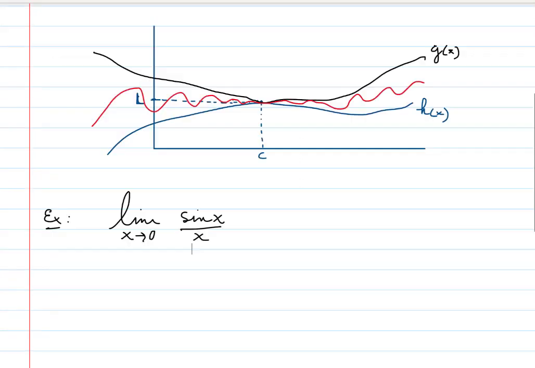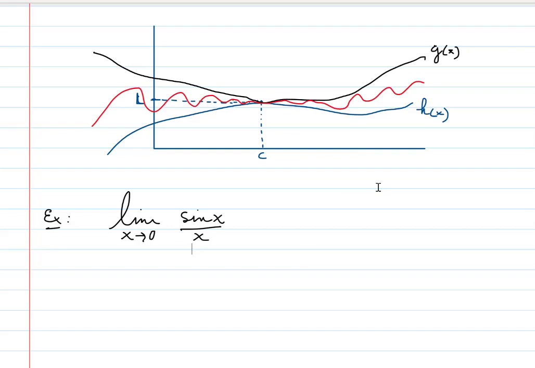So that's out of the question. I can't use any of those properties. I can't do the rationalization technique because I don't have a radical. I can't use the dividing out technique because there are no common factors to get rid of here. So then I'm going to have to use some other technique here. And so this is where I'm going to be able to use the squeeze theorem.